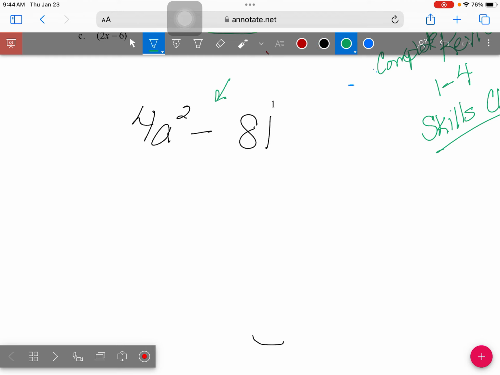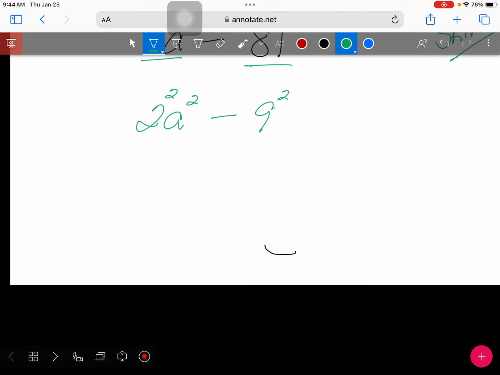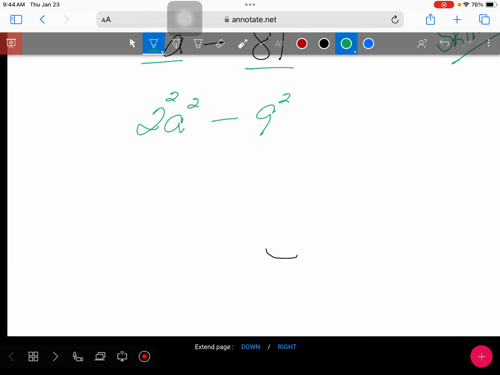Here's my difference, and I'm trying to check if these are perfect squares. 4 goes back to 2 squared and a squared. 81 I can rewrite as 9 squared. If you have 2 of these that are squared, you can multiply those 2 together and say, hey, that whole thing is squared.